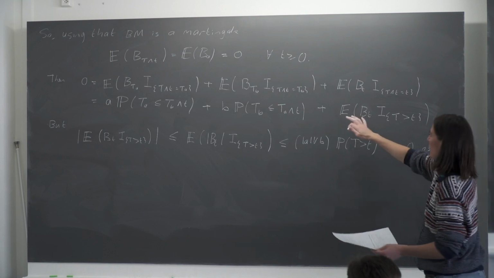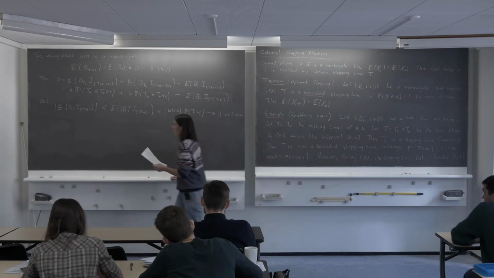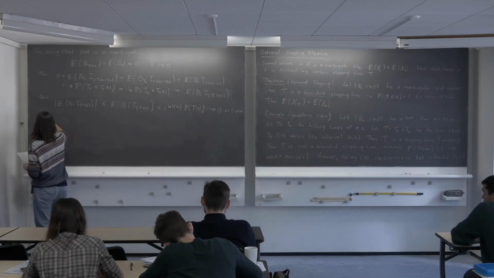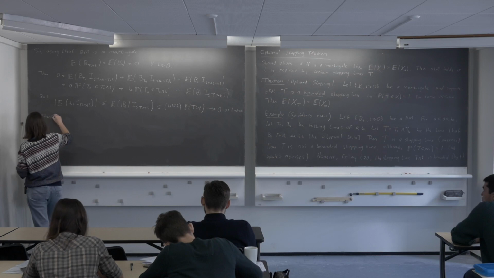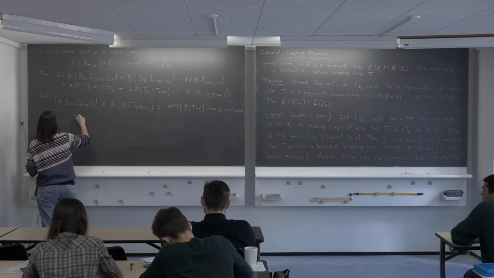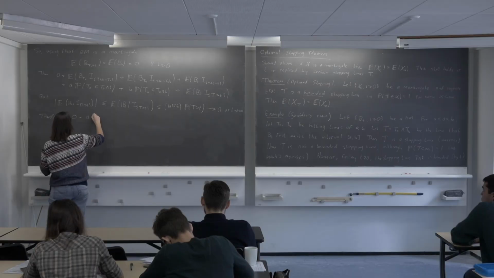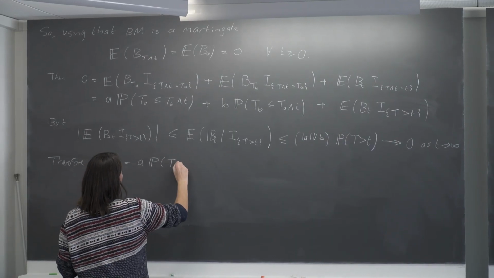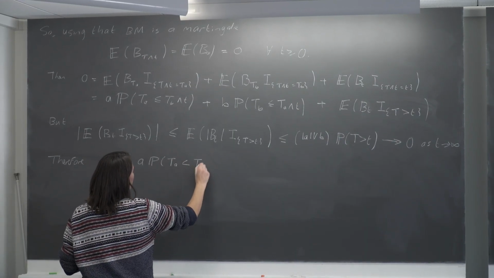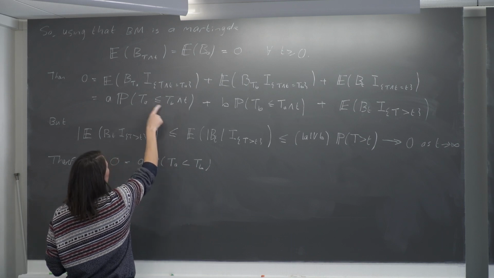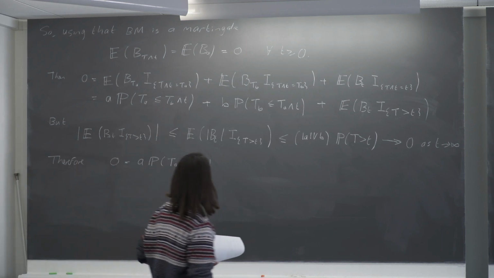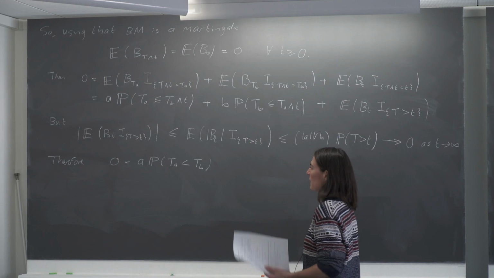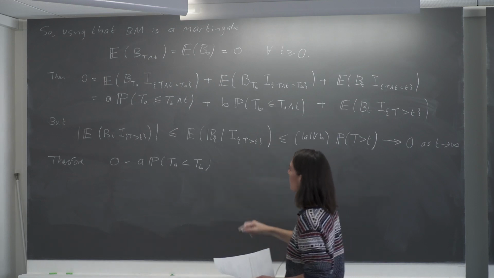And so letting t go to infinity in this whole thing, therefore, 0 is equal to A times the probability that T_A is strictly less than T_B. They can't be equal, so I can lose that less than or equal to. You can't exit at A and B at the same time because one's greater than 0, one's less than 0.